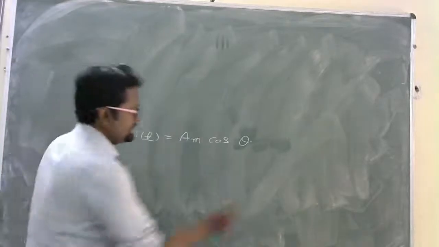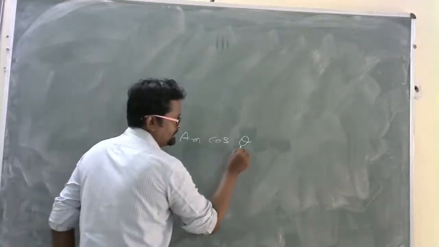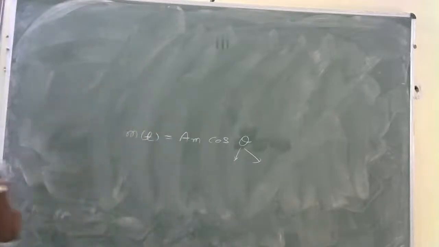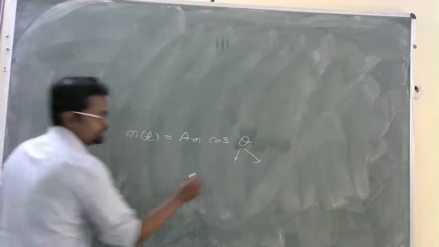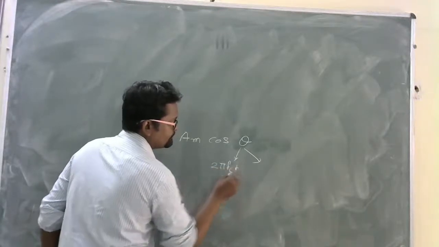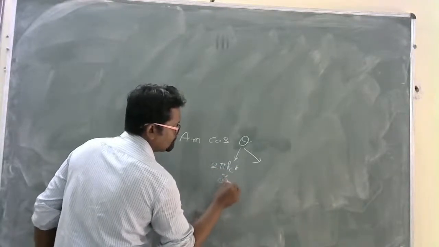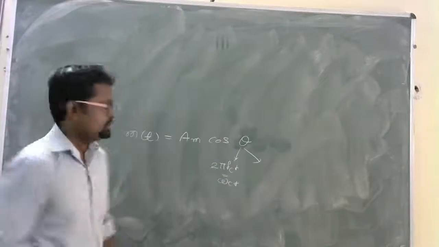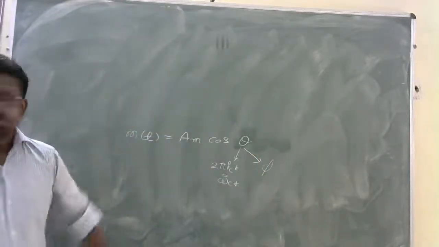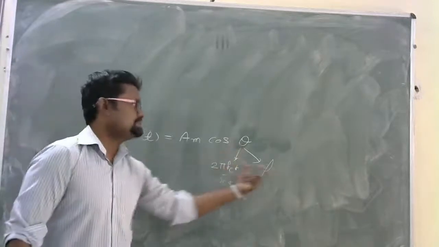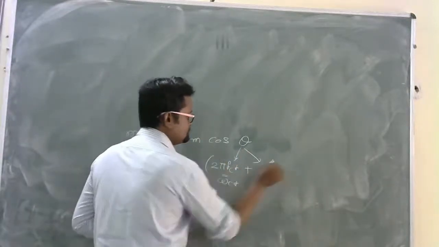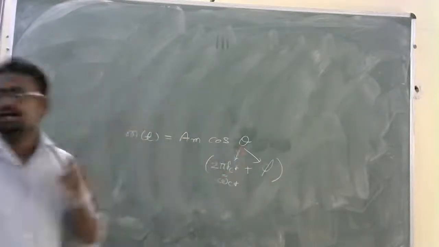This angle is again divided into two parts. First one is the frequency. Now the second one is phase. Angle is the combination of frequency and phase. By combining the frequency term with the phase term, we will get the angle.